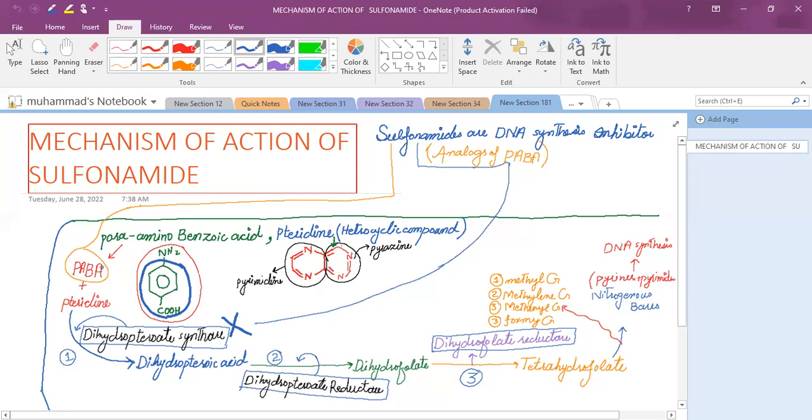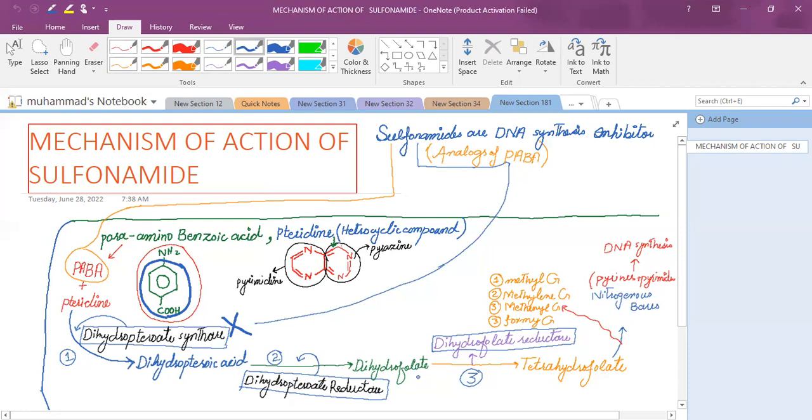So para-aminobenzoic acid and pteridine get fused with each other and are converted into dihydropteroic acid by the activity of an enzyme that is called dihydropteroate synthase. So this is the first step. In the next step, dihydrofolate is formed by the activity of an enzyme called dihydropteroate reductase.